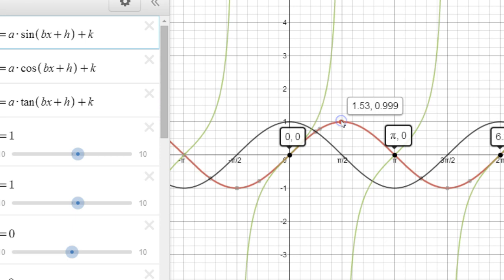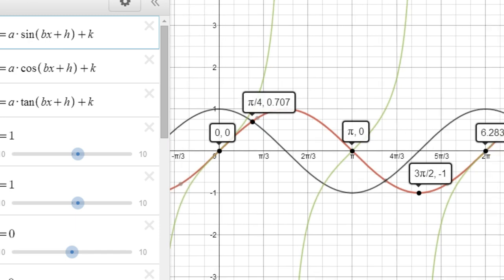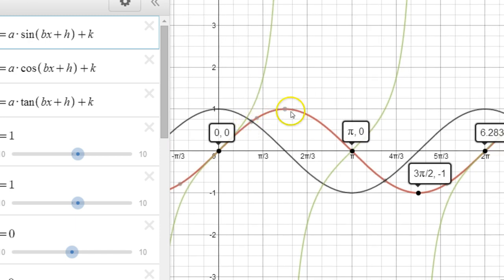That's interesting. Okay. There we go. And so these are the major intercepts of the sine graph. The sinusoidal wave is what they call it.